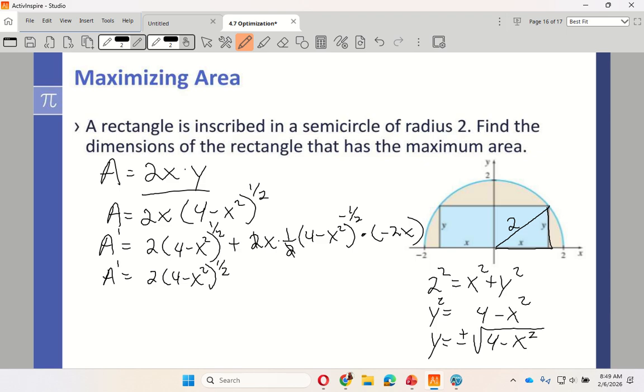So this becomes a minus 2x squared over (4 minus x squared) to the 1/2. Set it equal to 0, but before I do that, I'm going to transfer it to another page so I have more room.